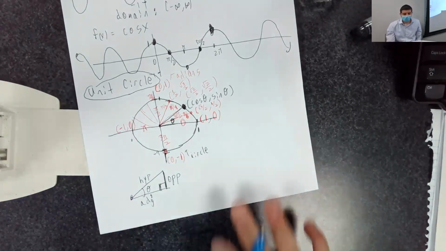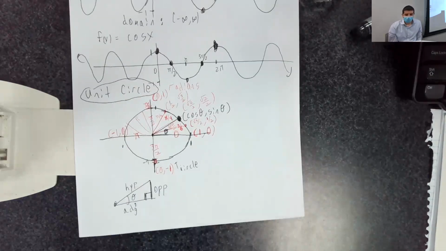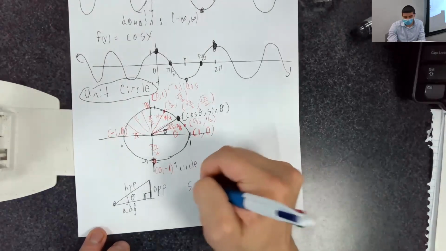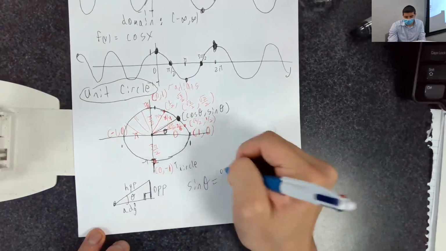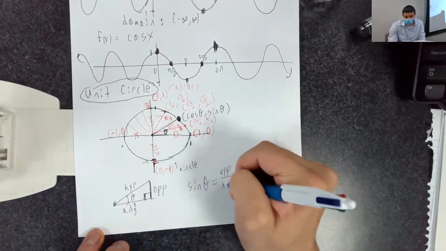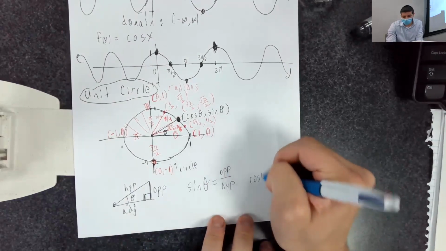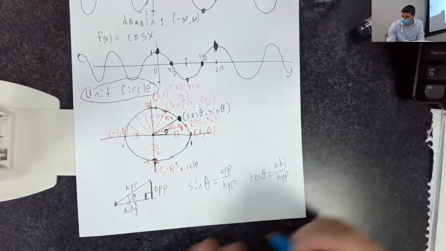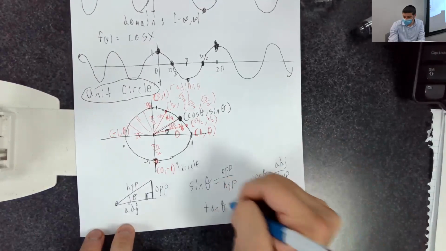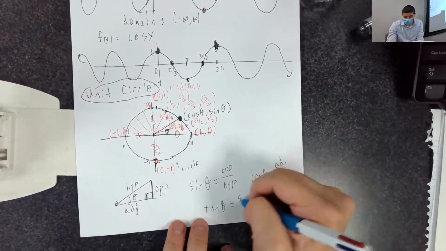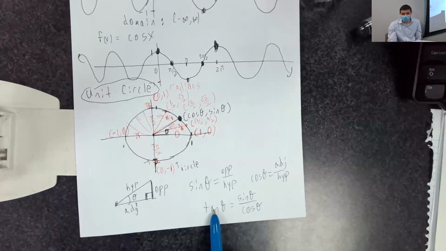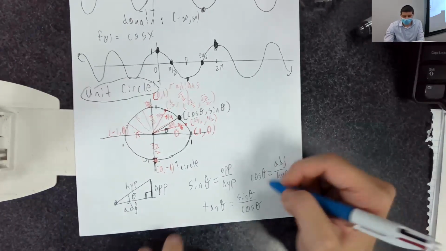Sine theta is opposite over hypotenuse. Cosine of theta is adjacent over hypotenuse. And tangent of theta is sine of theta over cosine of theta.